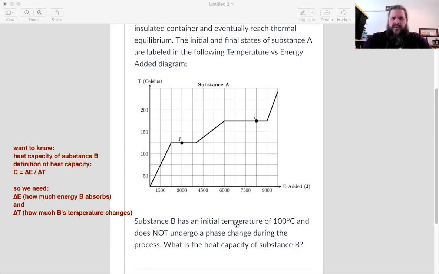And we know the starting temperature of B, T initial is 100 degrees Celsius. So if we can figure out the T final for B, then we have delta T. Any thoughts on how we could figure out what B's final temperature is?